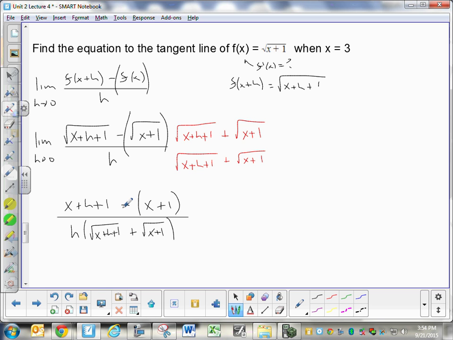Now we're ready to start simplifying. I will distribute the negative sign, in the limit as h approaches 0. I find out that the x's will cancel with each other, as well as the 1's. And what you'll find is, if you're doing things correctly, you will see lots of things to cancel, and then you will be able to get rid of this h. In this situation, I do have h over h times that quantity.